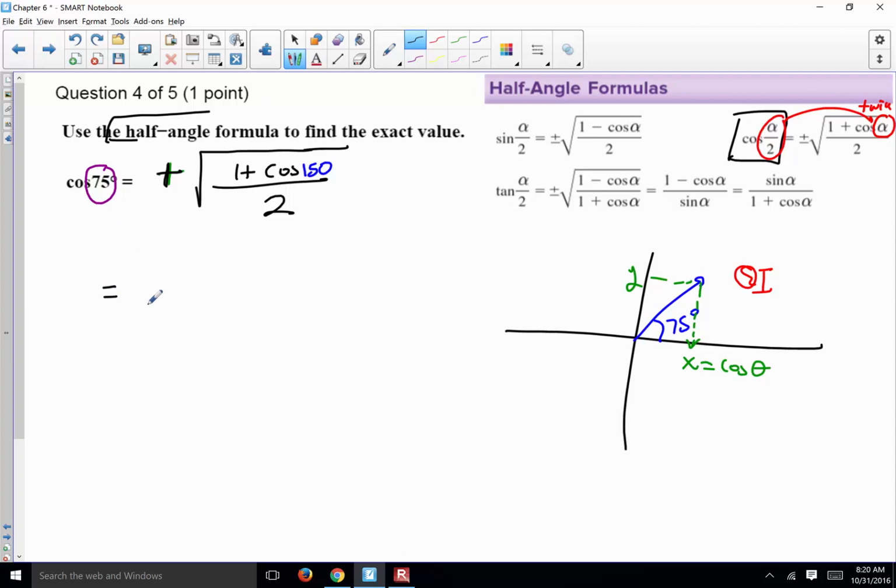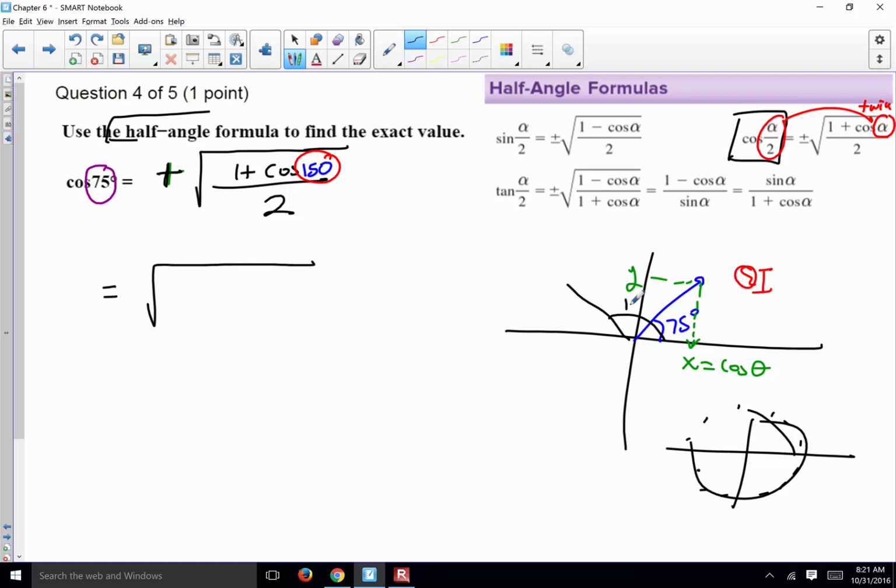Alright, next, use either the reference angle of 150, or use the wheel values. Remember, you have all these values marked on a wheel, and get cosine 150. What is cosine 150? This is 150. What is this cosine value? I know it's negative, but I'm not sure about the coordinate.